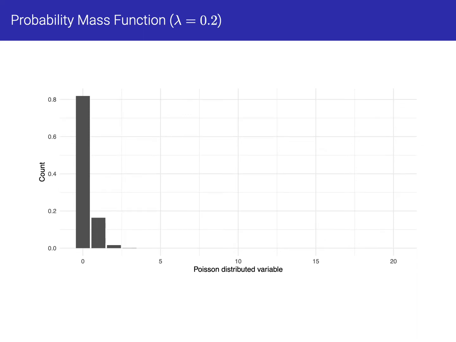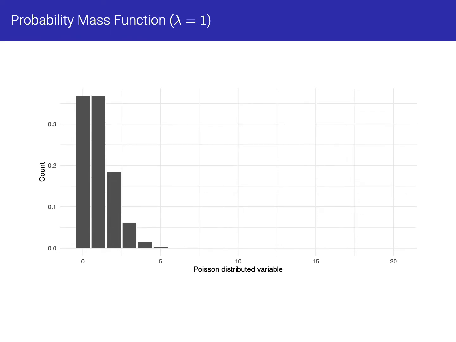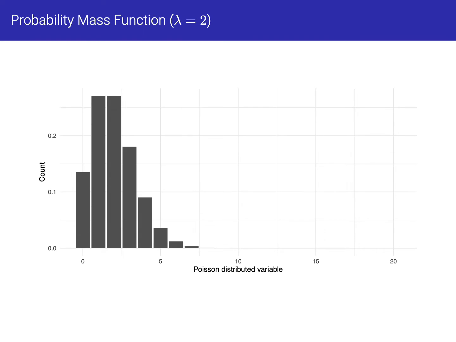So again, I've increased the rate from 0.2 to 1. I'm not going to comment on all of these probabilities, but what we're going to see is that as we increase the rate, naturally, because the expectation is larger, we're going to have larger probabilities for counts that are larger than 0, that are more and more positive. We're still going to see that skewed distribution, however.